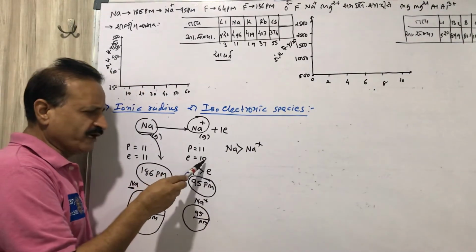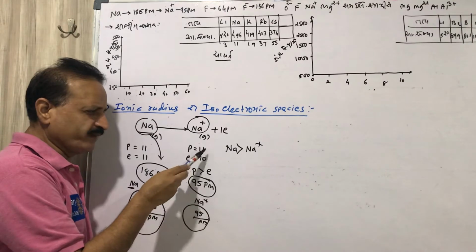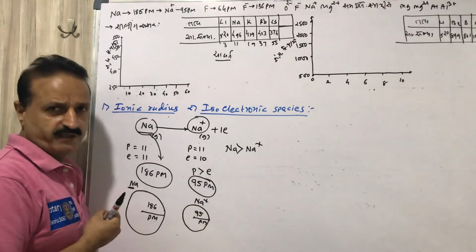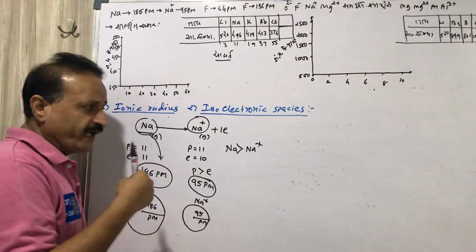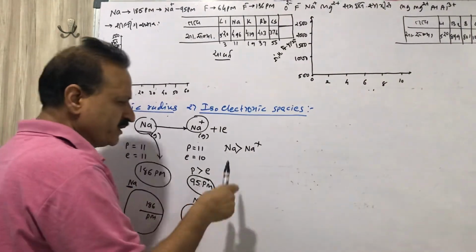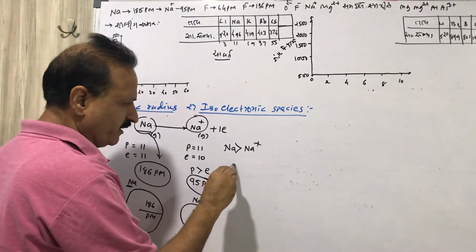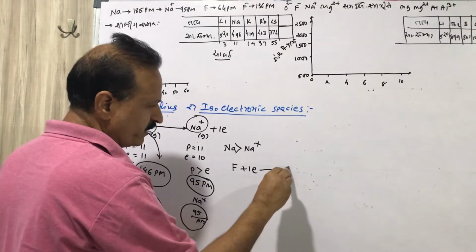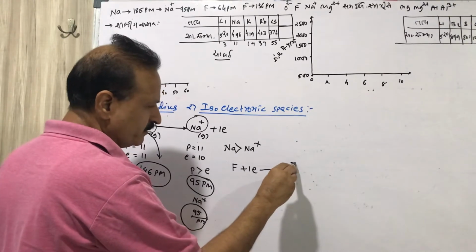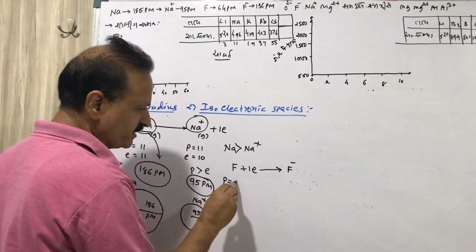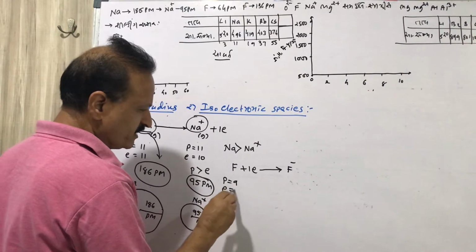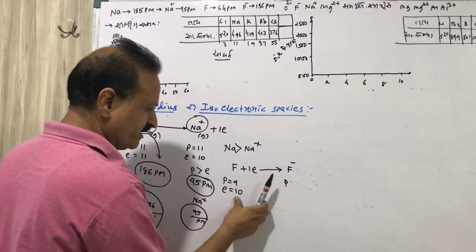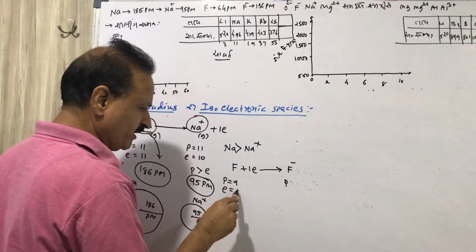Because the number of electrons is less than protons, the electrons will be attracted by the protons, so size will decrease. In the same way, if we discuss fluorine, it will gain 1 electron and convert into fluoride ion. Here protons are 9 and electrons are 9.